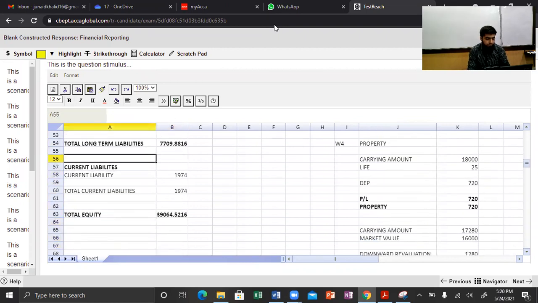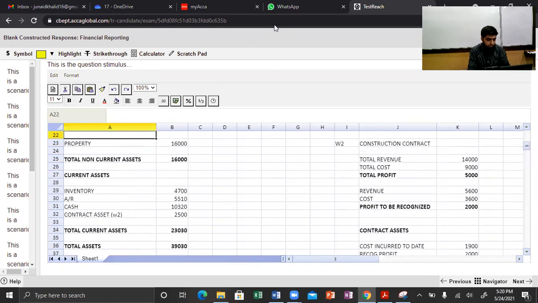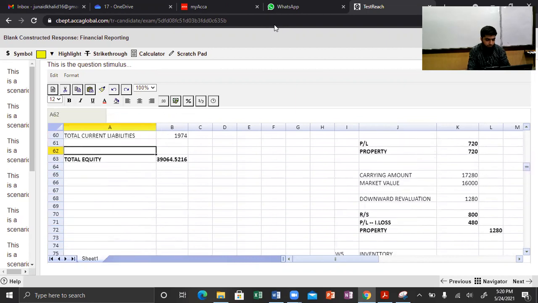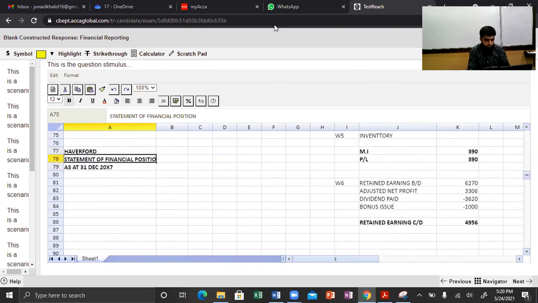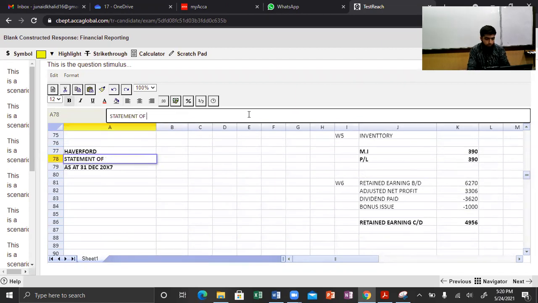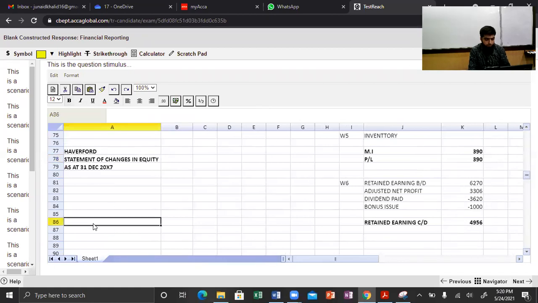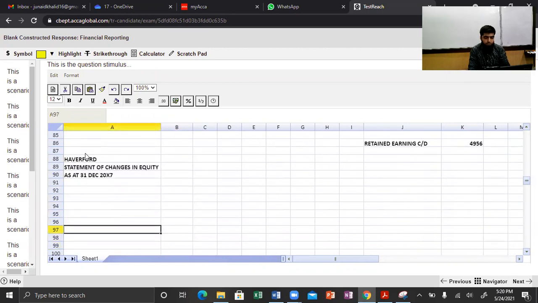Now start up with the equity section, that is the statement of changes in equity. How to account for the statement of changes in equity, that is the most important part. Now, always remember, once you are preparing the statement of changes in equity, just look at the balance sheet component.